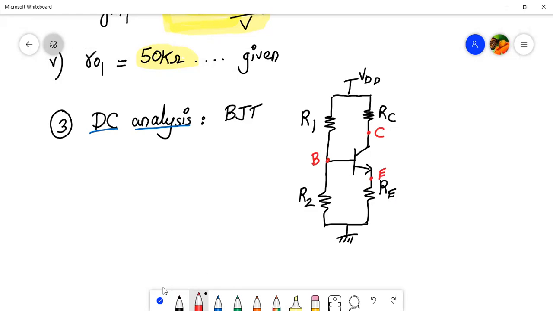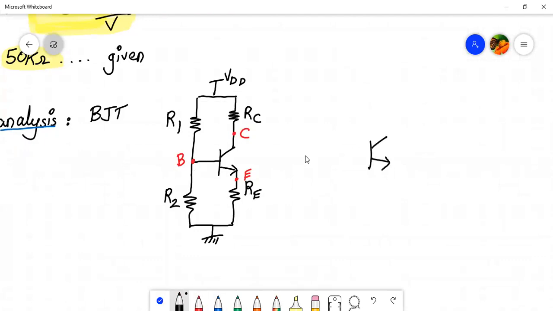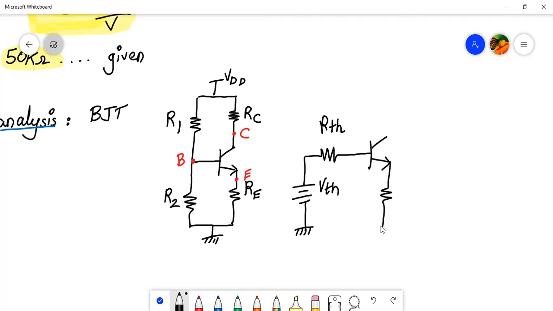We will convert this into Thevenin's equivalent. So we'll apply Thevenin's theorem at the base terminal. And finally, what do we get? We get the following circuit now. So here we'll have VTH, RTH. This will be RTH. This will be VTH. And this we have done many times, so I'm not going into details. You all can check the previous lectures.